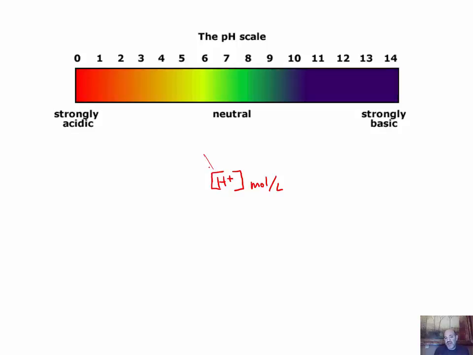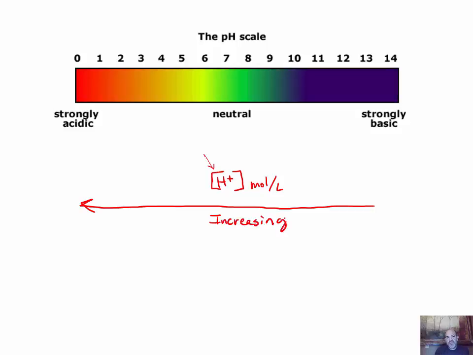The more hydrogen ions you have in solution, the higher the concentration, the more acidic it's going to be. Likewise, the lower the hydrogen ion concentration, the more basic it's going to be. One thing to be aware of is that as we go along the scale in this direction, the hydrogen ion concentration is going to be increasing.